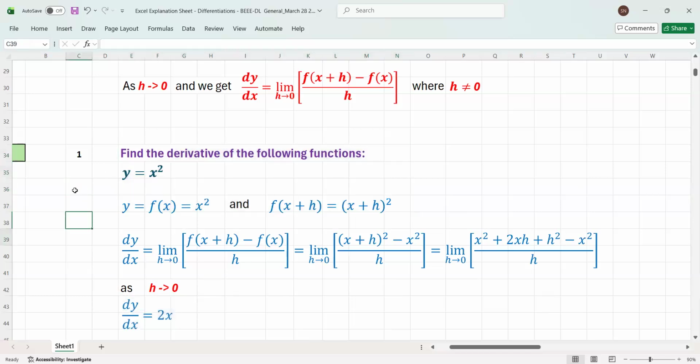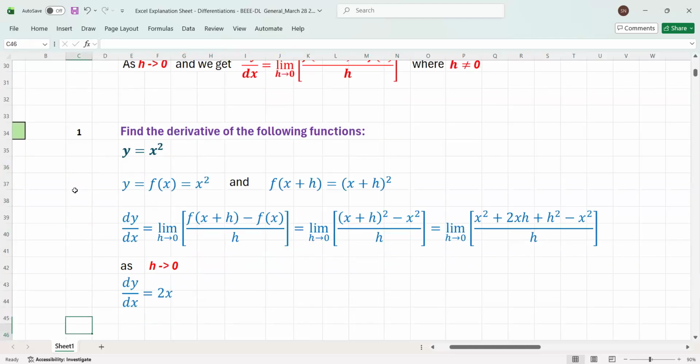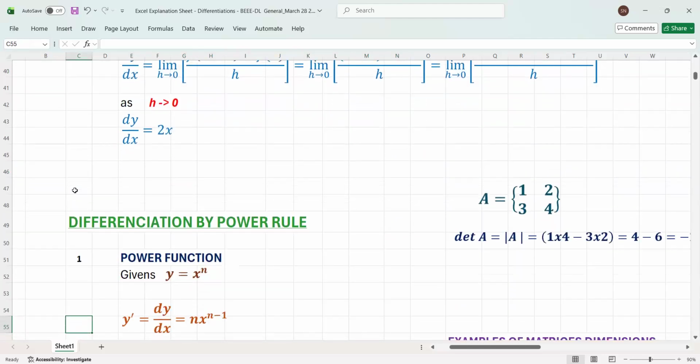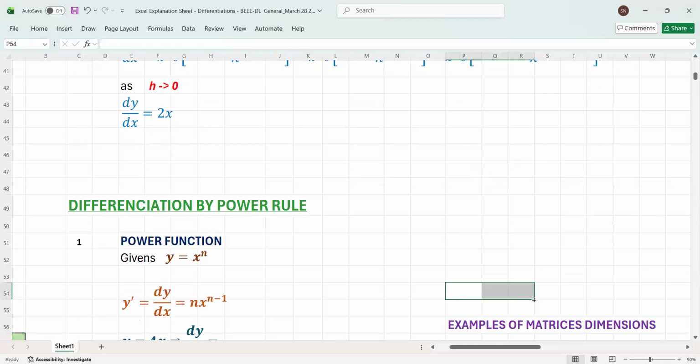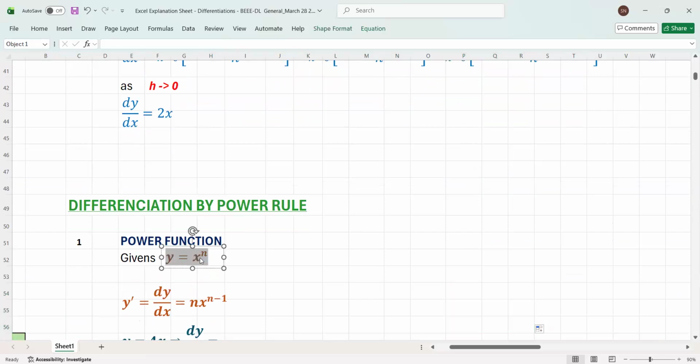Today, we want to continue and look at the other methods of doing this. First of all, we'll be looking at differentiation by power rule. What do we mean by power rule? You'll be given a function in the form y equals x raised to a certain power.